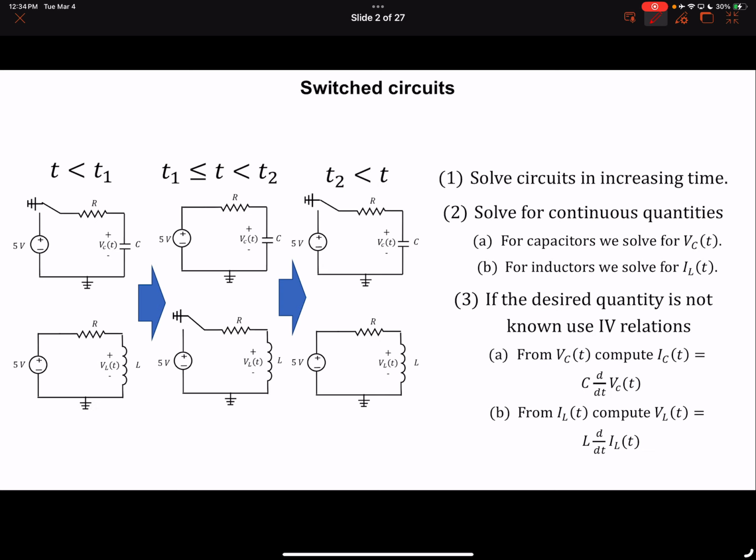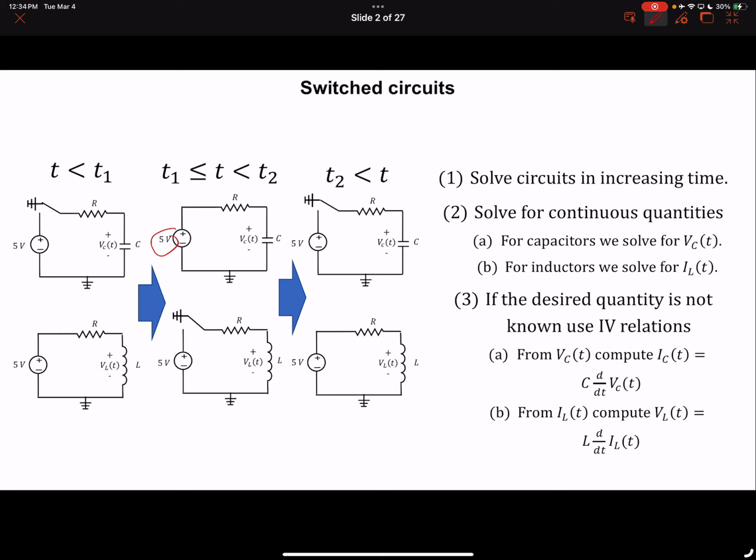So we went over switch circuits, and we basically said we would start from initial conditions for time less than some T1. And then using those initial conditions, we would solve the circuit for each DC input in order to get our solution.